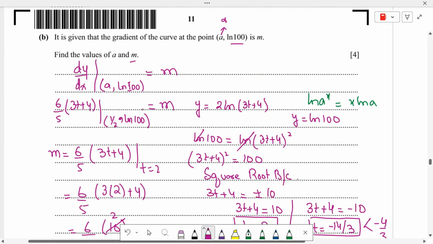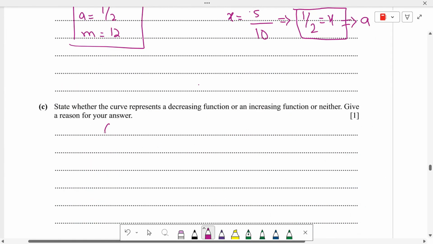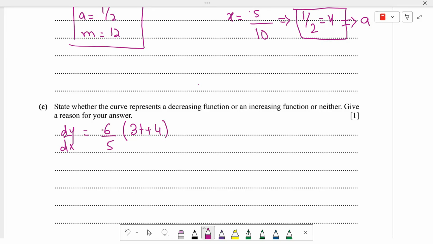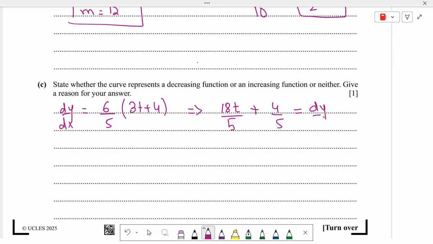We know this is the derivative, dy over dx, which is 6 over 5 times (3t plus 4). When we expand it, it becomes 18t over 5 plus 4 over 5, and this is dy over dx.